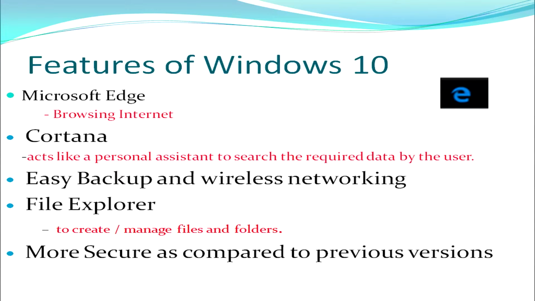This feature is just like an assistant. It helps you to search required data and to perform a particular task. Any query that you want your Windows to answer, you can give to Cortana and it will help you get a solution to your problem.